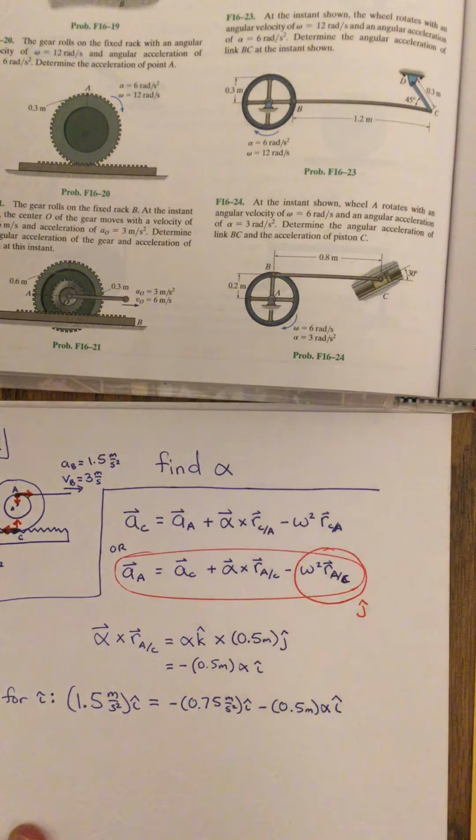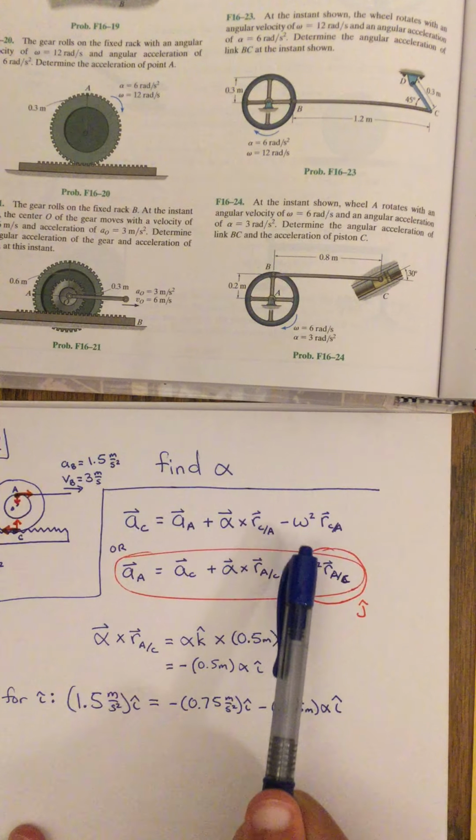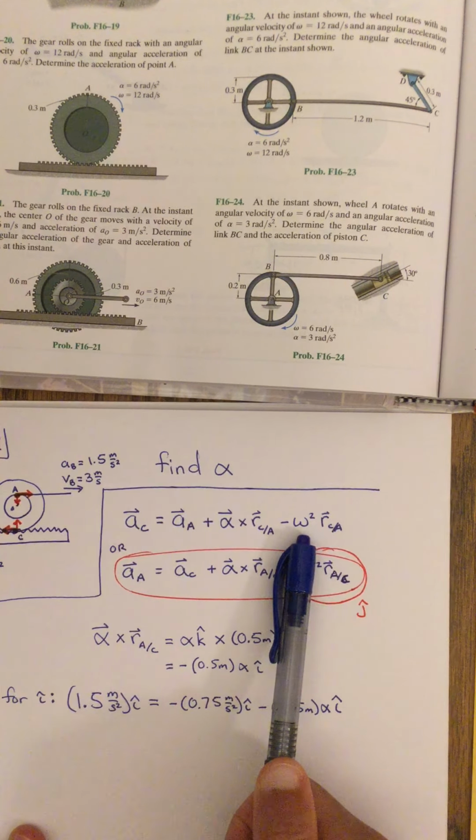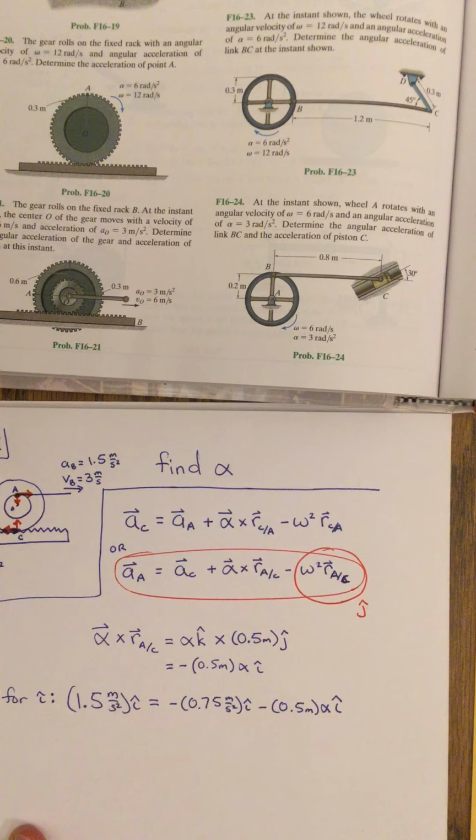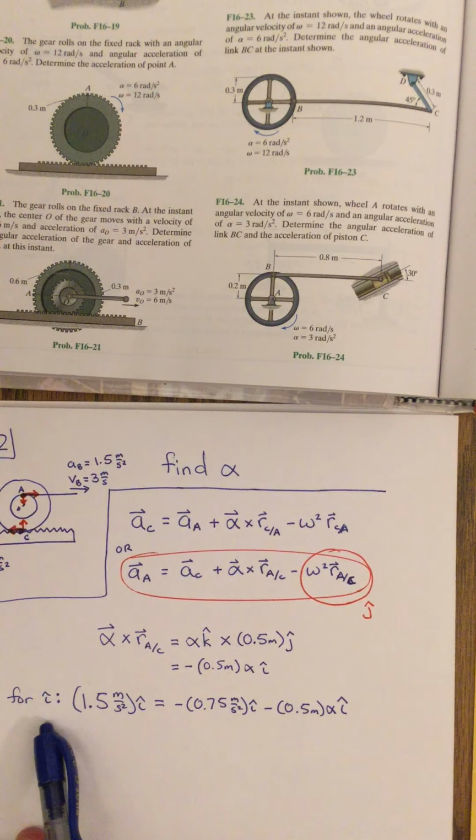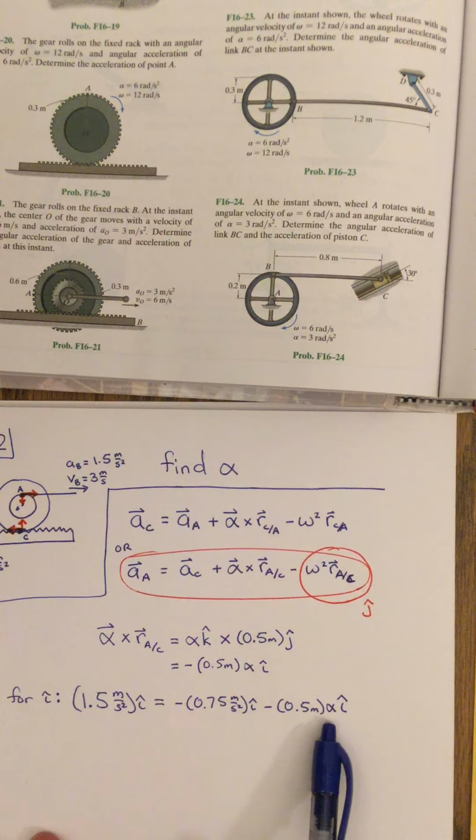So you could also use that to find the normal components if you find the angular velocity. Okay, so we're kind of taking a shortcut to solve this problem by just looking in the i hat direction, because that's all I need to do here in order to find the angular acceleration.